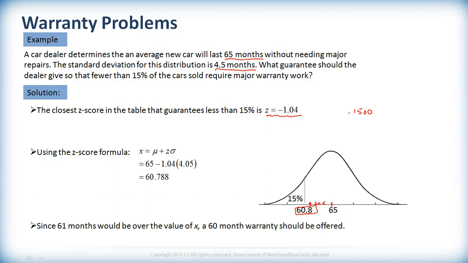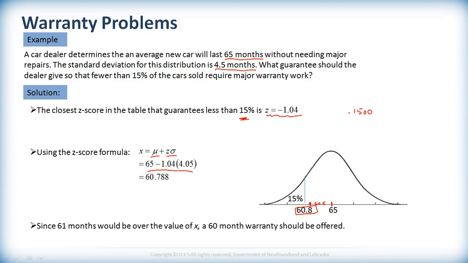So using the Z-score formula, we can figure out what X would be. X is the actual number of months that would guarantee us that we have less than 15% of the population. We punch that in: mu plus Z times sigma, so it becomes 65 minus 1.04 times 4.5.